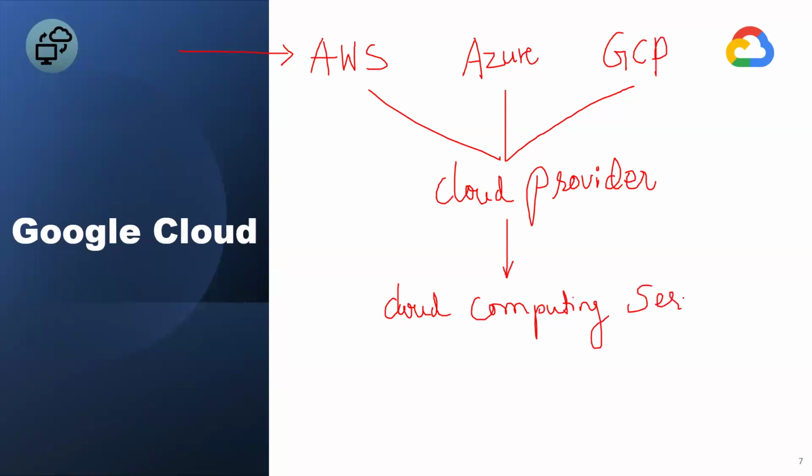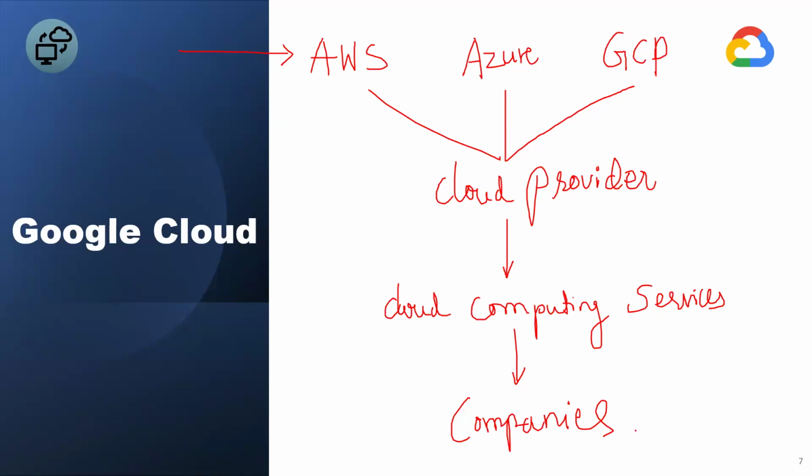To whom do they provide the cloud computing services, sir? They provide the cloud computing services to the companies or organizations. That's it. So this is what Google Cloud is also. You can understand from here. Sir, we have AWS, Azure, and GCP. These are the three leading cloud providers, sir. If you go outside and look at the market, then you will have AWS in the first place, Azure in the second place, GCP in the third place.